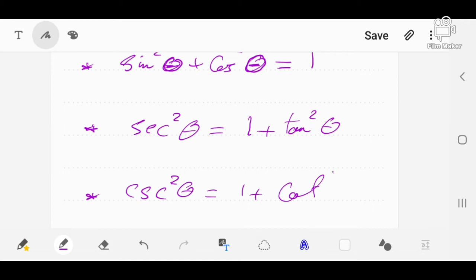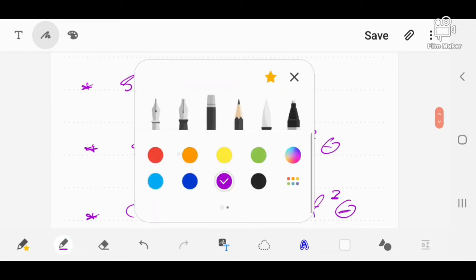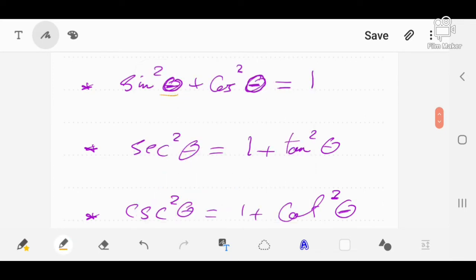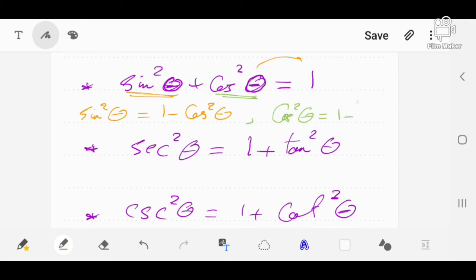Keep in mind that these are equations, so I can flip whatever I want. In case I want to write sine squared only, what would I say? Sine squared theta is equal to 1 minus cosine squared theta. And same thing can happen for cosine. If I want to write cosine squared alone, I would say cosine squared theta is equal to 1 minus sine squared theta, if you move sine to the other side.